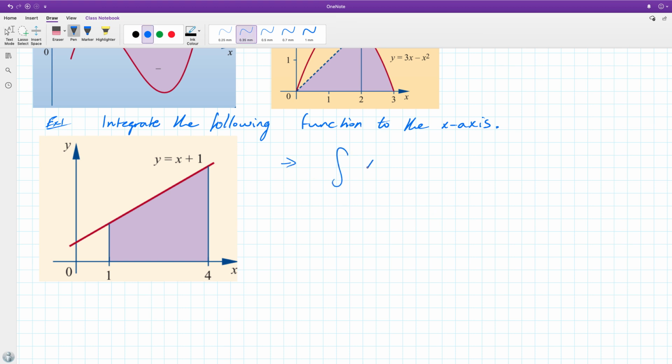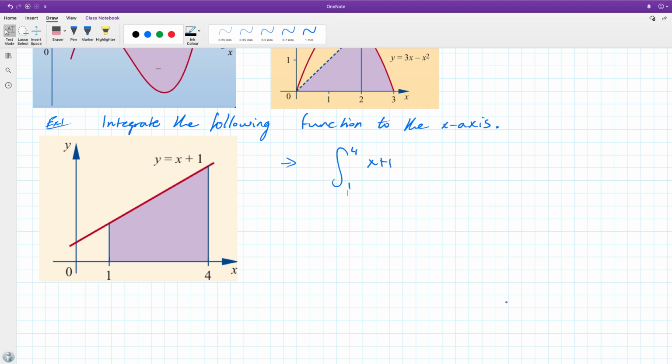Integration of x plus 1, so that's to finish it off. The integration of x plus 1 between 4 and 1. If you don't say between 4 and 1, all you're actually doing is getting the area from all the way up here and continuously all the way down here. 4 and 1 means you only want it in that section.